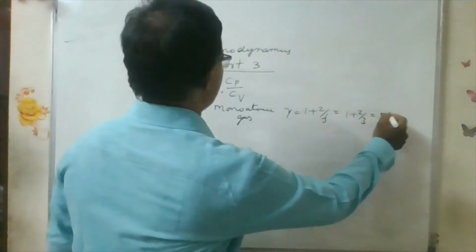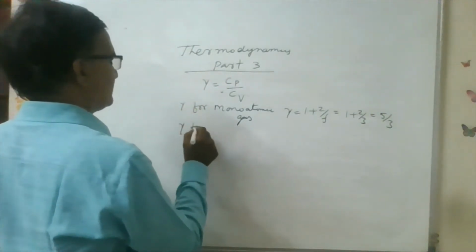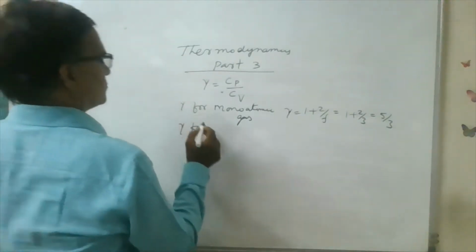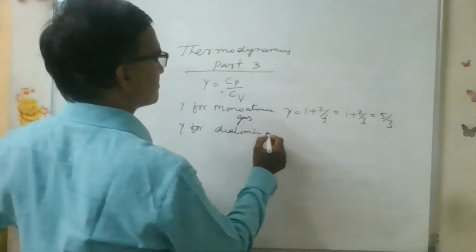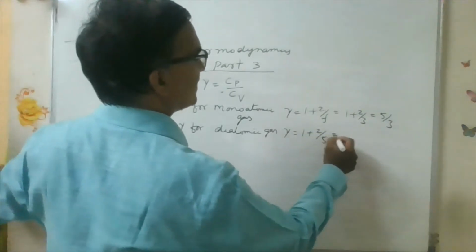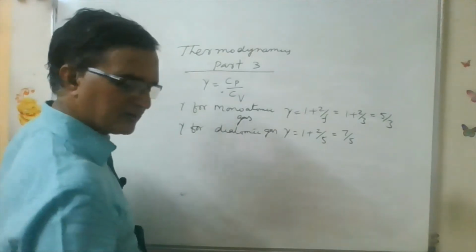With F equal to 3, that is 5 by 3 for a monoatomic gas. Gamma for a diatomic gas is 1 plus 2 by 5, degree of freedom 5, so it is 7 by 5. You remember this, important.